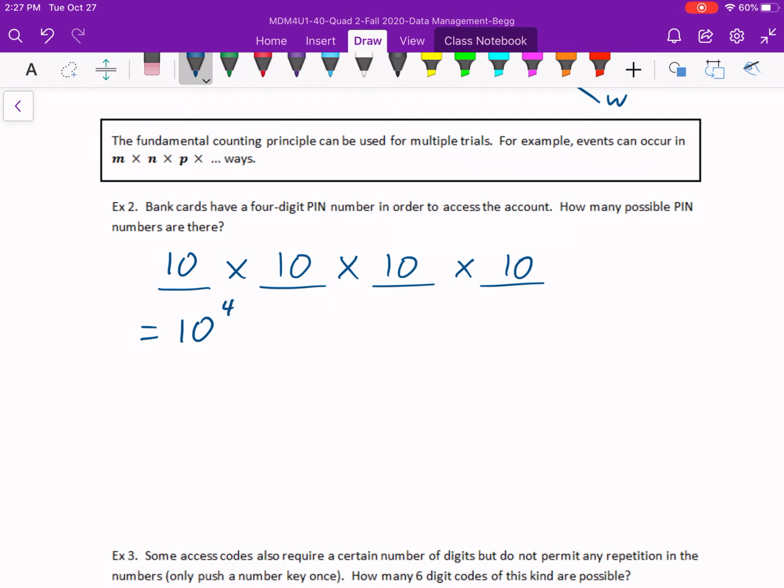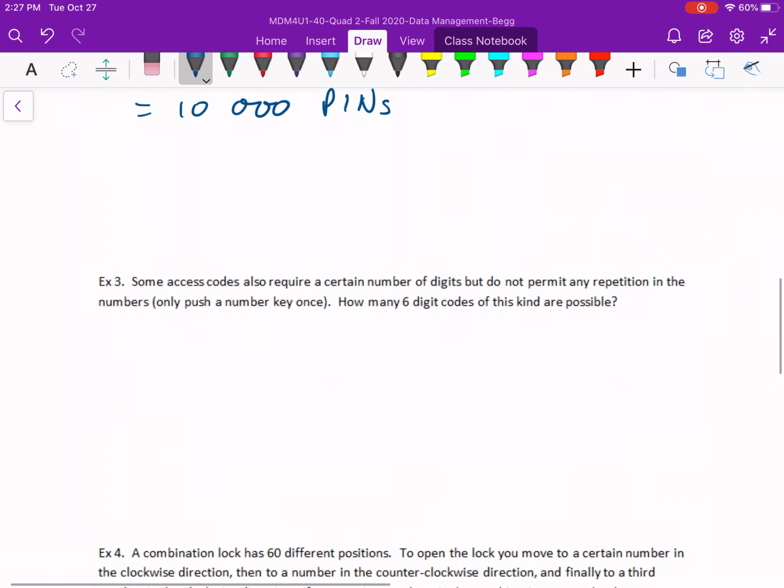So if you're able to repeat numbers, as we are in this case, then we can just write it as 10 to the exponent 4. But either way, we get 10,000 PINs. Some access codes also require a certain number of digits, but do not permit repetition.